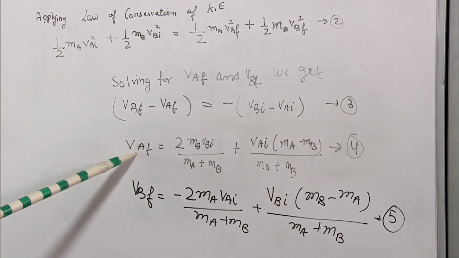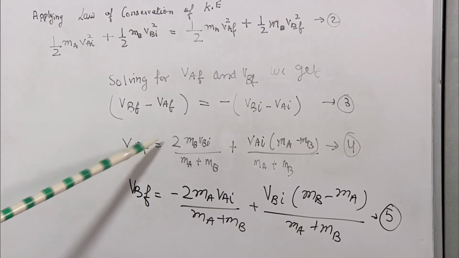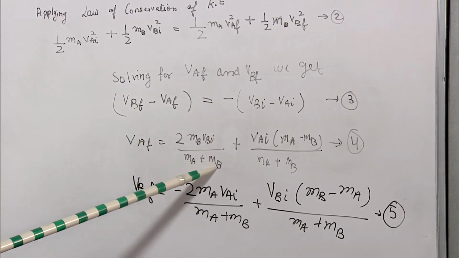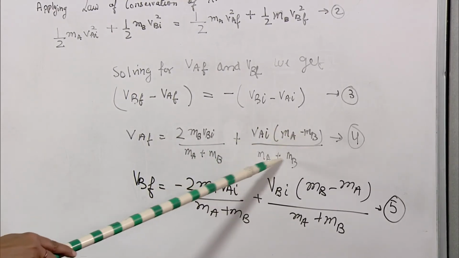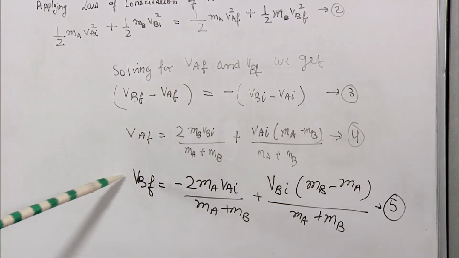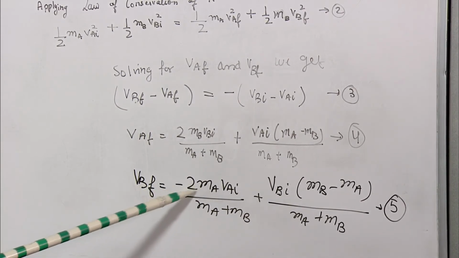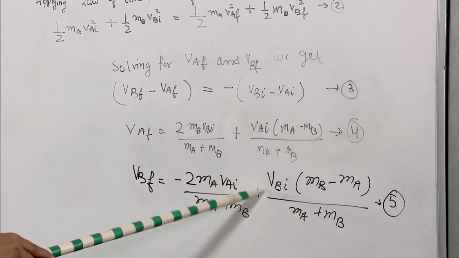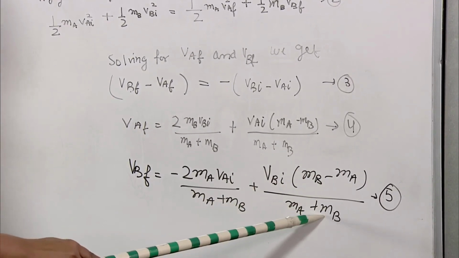The unknown quantity, the final velocity of ball A, is given by VAF equals 2MB VBI divided by (MA plus MB), plus VAI (MA minus MB) divided by (MA plus MB). This is equation 4. Similarly, we calculated VBF: VBF is equal to negative 2MA VAI upon (MA plus MB), plus VBI (MB minus MA) divided by (MA plus MB).